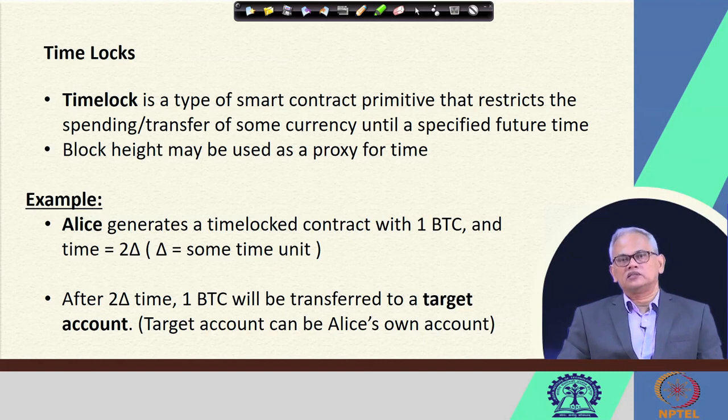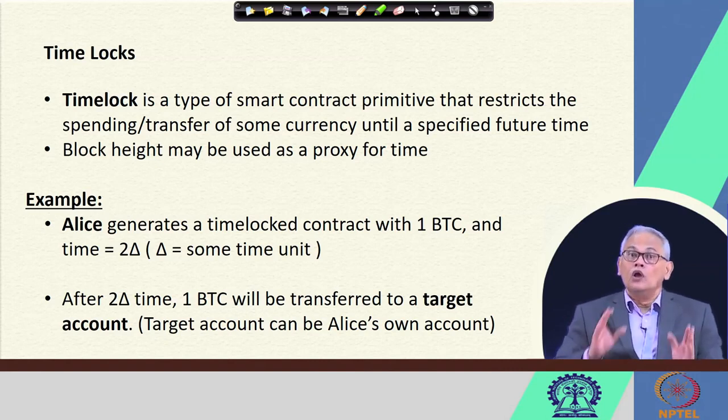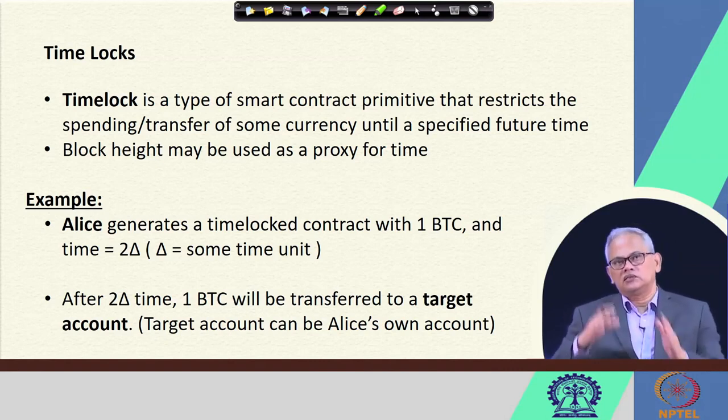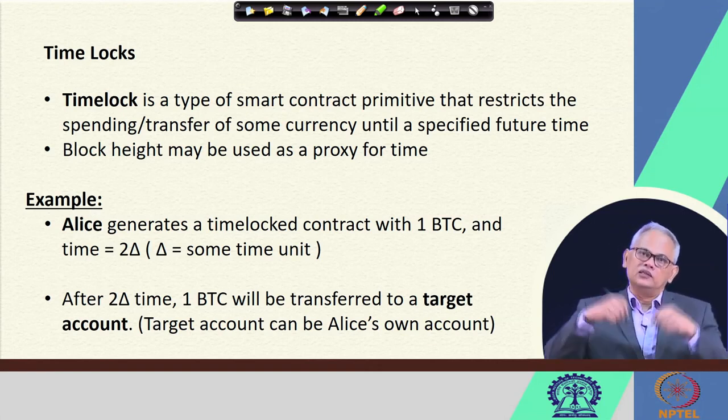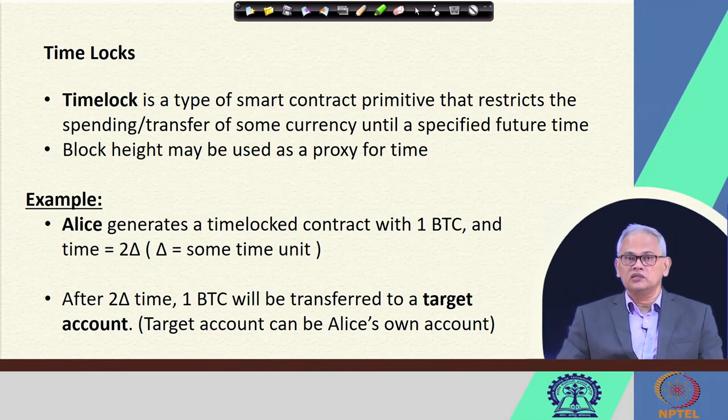So, at 7 p.m. on 25th October 2021, the payment can be made from Alice's account to Bob's account, and that of course will be done automatically by the smart contract. Also, the target account need not be a different account, it could indeed be Alice's own account. So, after 2 hours the money will revert back to Alice's account itself.